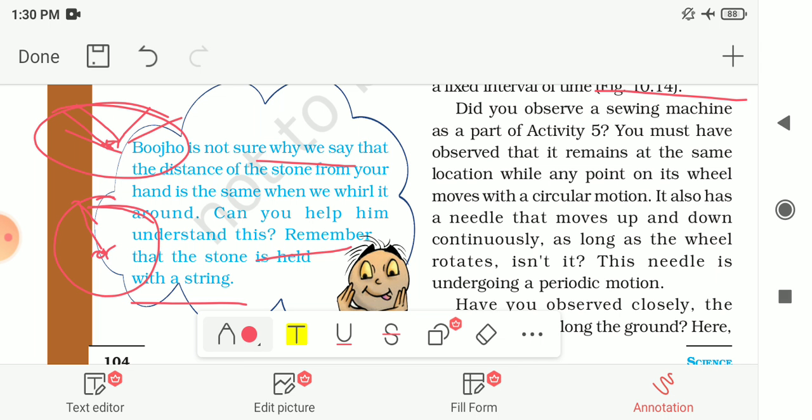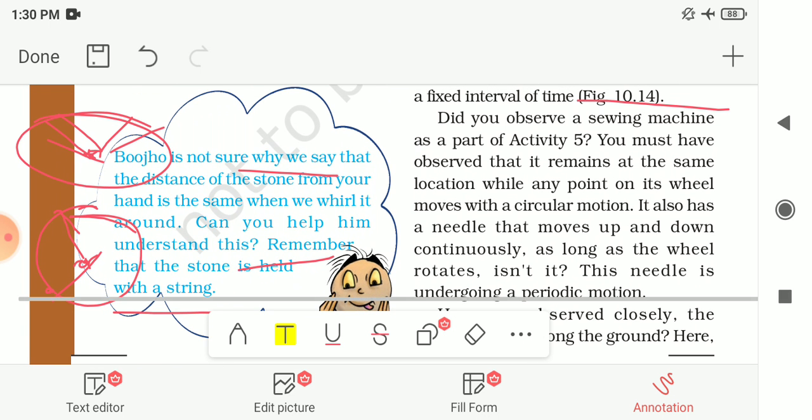So in the case of thread and stone, the length of the thread becomes the radius of the circular path of the stone. So this distance remains the same at all times. If you take a point over here, the distance from this point to the center will also remain the same. So the distance always remains the same when we are whirling the stone in our hand, which is tied with the thread.